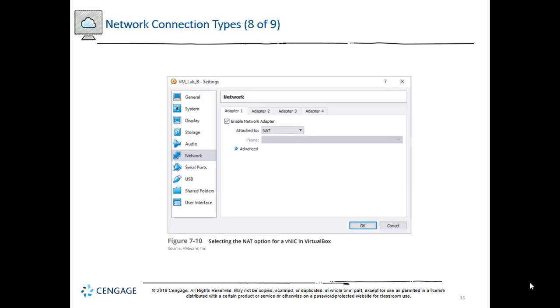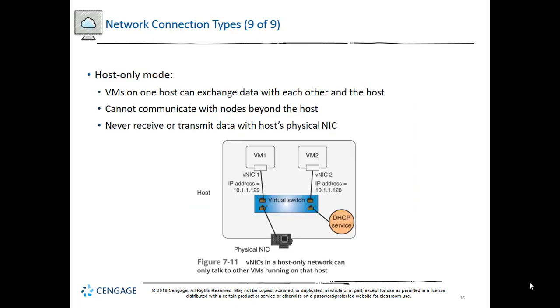The next one we want to discuss would be our host-only mode. Now, in host-only mode, VMs on one host can exchange data with each other and with their host, but they cannot communicate with any nodes beyond the host. So in other words, the vNICs never receive or transmit data via the host machine's physical NIC, as they would in NAT mode or bridged mode.